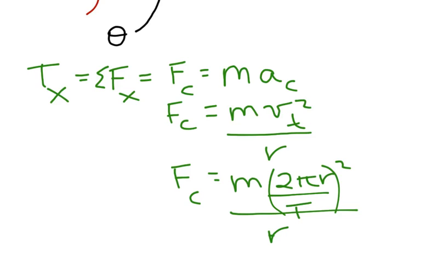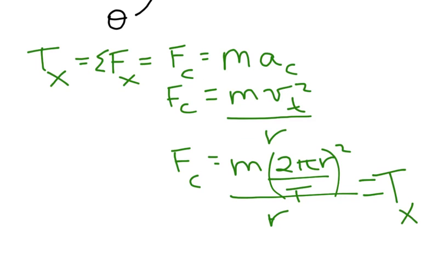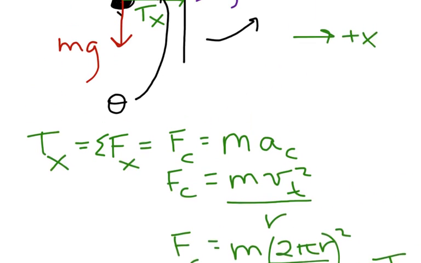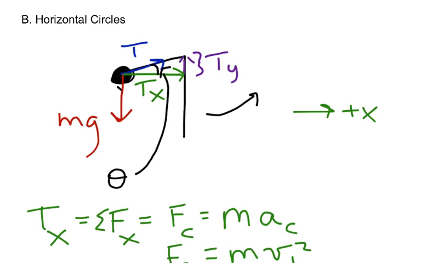Also recall that your centripetal force in this case is the tension in the x direction, or the horizontal component of the tension in the rope. Now let's go back to my picture and take a look at how we could find Tx using a little bit of trigonometry.